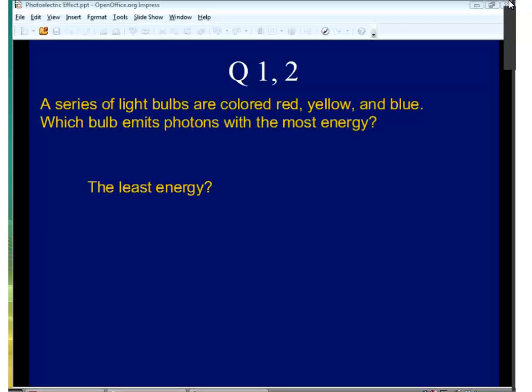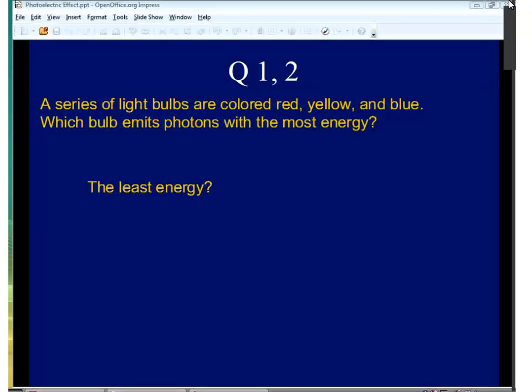Let's first talk about most energy. Most energy. Red means largest wavelength.